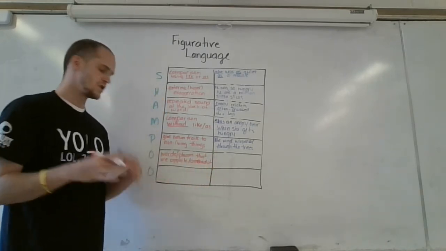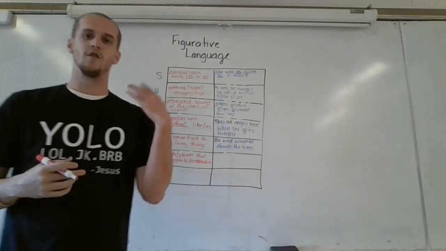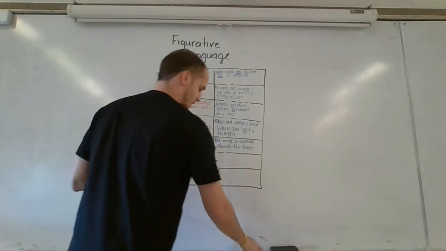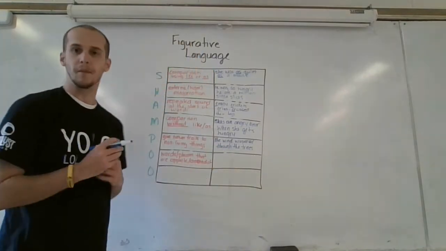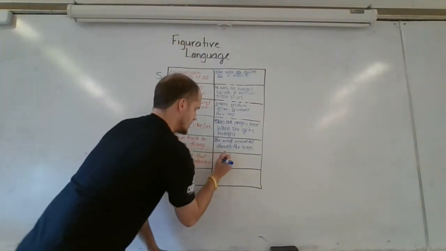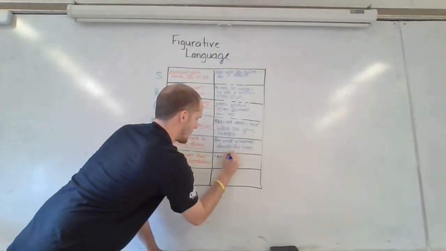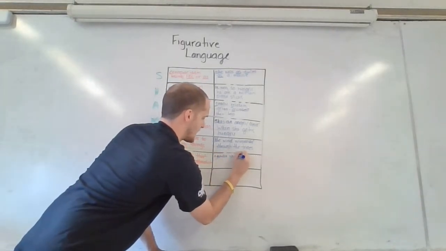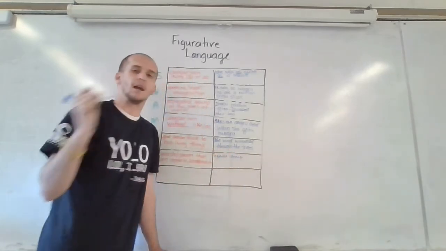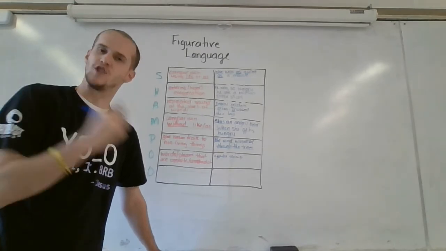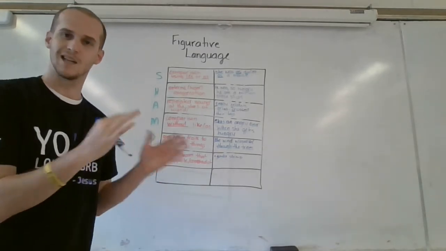Okay? Words or phrases that are the opposite or that contradict one another. And one of the ones that always gets me is jumbo shrimp. Here's my thing. Shrimp are tiny, regardless. So jumbo shrimp kind of contradicts each other.